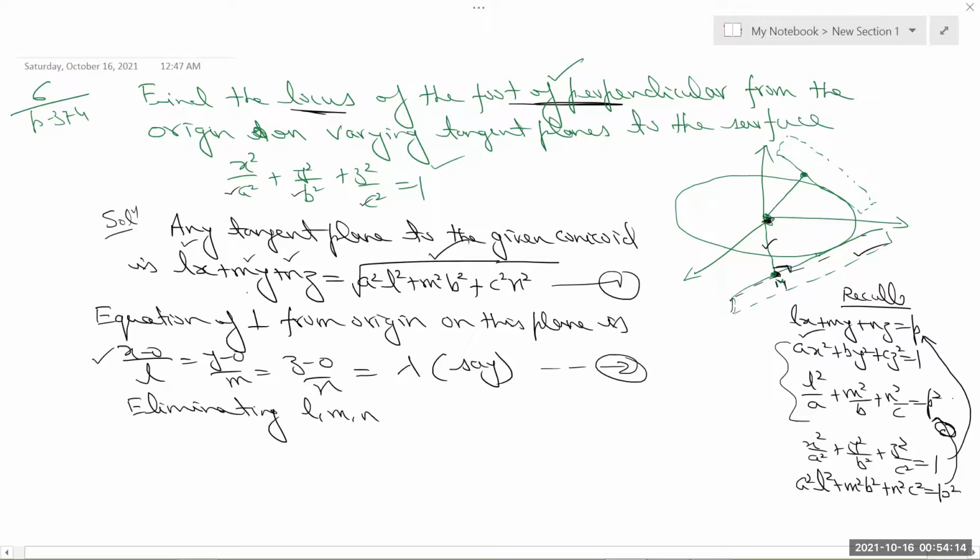That is, replace this L by x by lambda, writing the proportionality constant, which will cancel out from both sides.